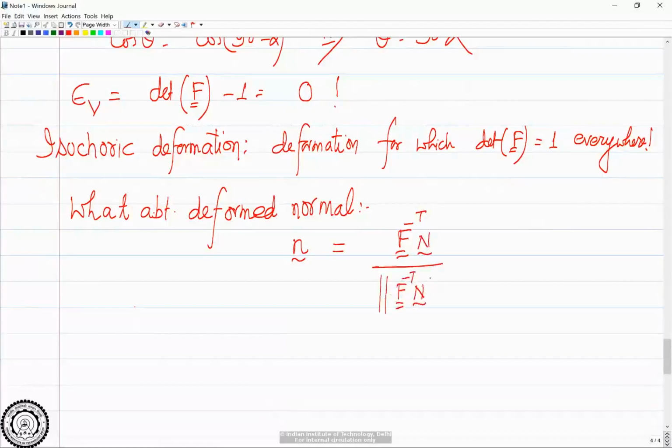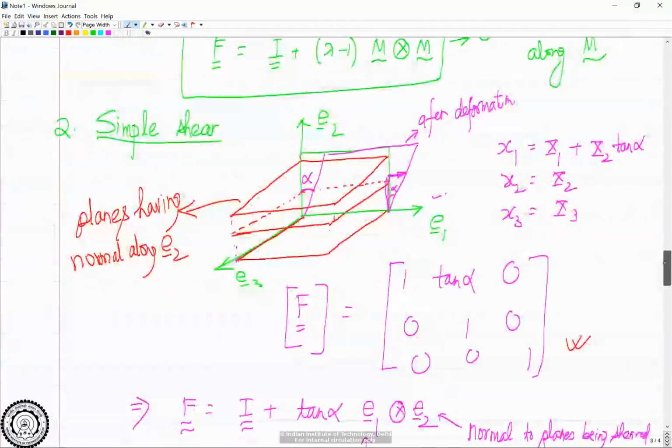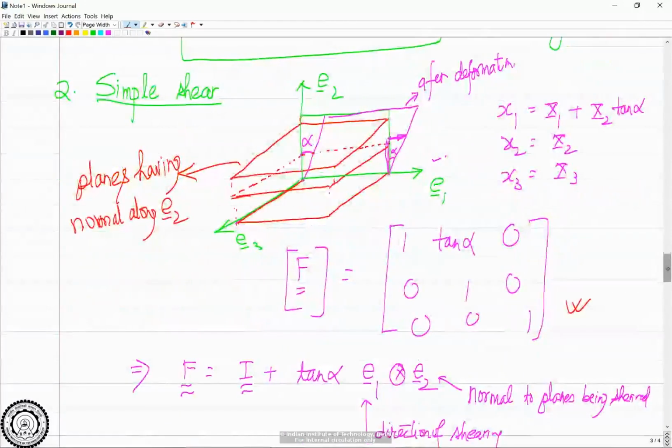This is the formula for the normal. And at least in this particular case, we can see from the picture that the planes whose normals are along E2 remain E2 even after deformation, right? So if we take capital N equal to E2, then small n should also come out to be E2. And let us see, is it coming out or not?